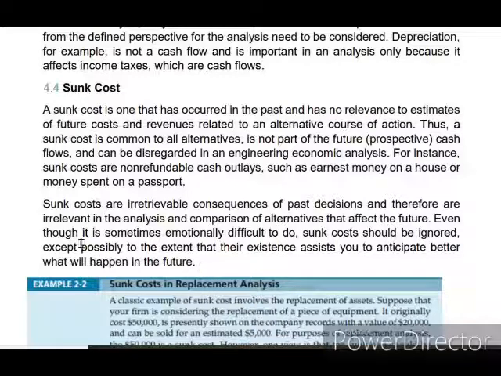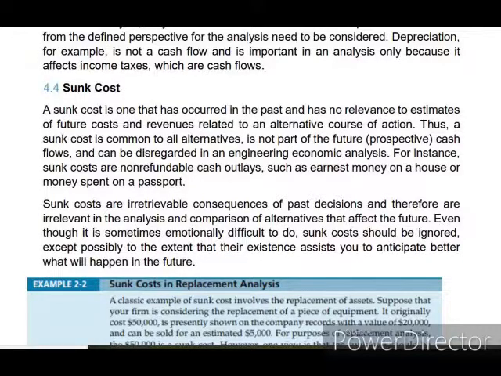Even though it is sometimes emotionally difficult to do, some costs should be ignored, except possibly to the extent that their existence helps you anticipate better what will happen in the future. So there is an exemption. If the sunk cost gives you an idea of what will happen in the future, you should also consider it.